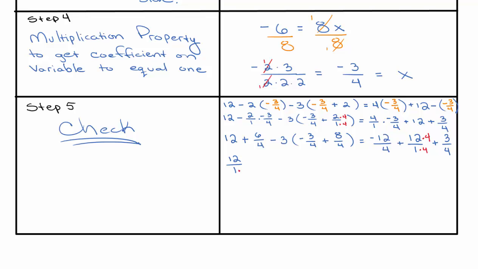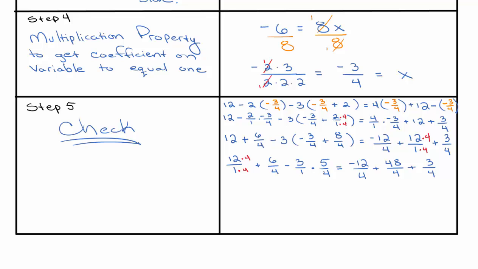I'm going to already start setting it up to have that common denominator of 4, plus 6/4 minus 3. I'm going to write 3 over 1, and I'm going to have to multiply that with what's inside the parentheses, negative 3/4 plus 8/4. That's going to give me 5/4. So I'm going to write there 5/4 equals, this is going to be negative 12/4 plus 48/4 plus 3/4.